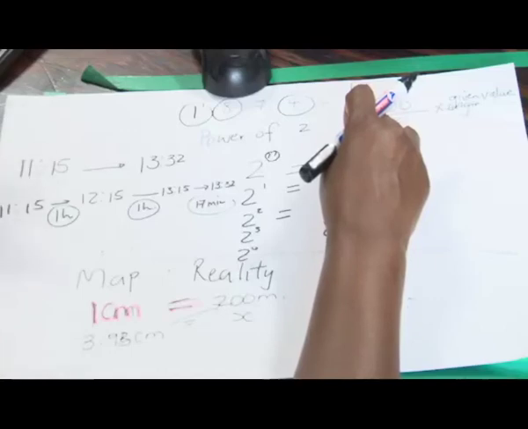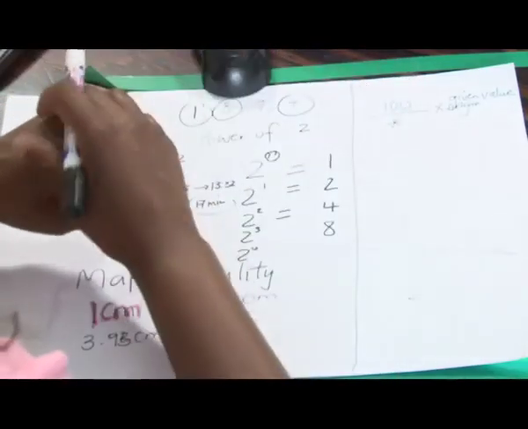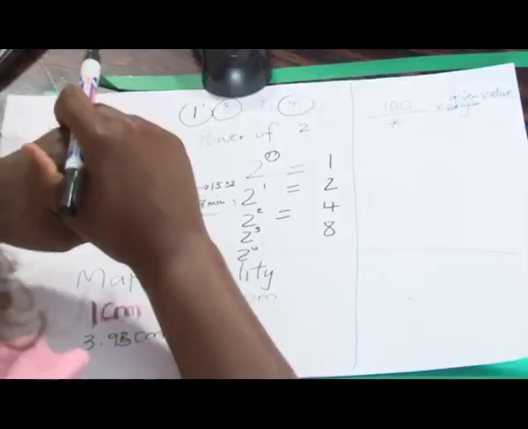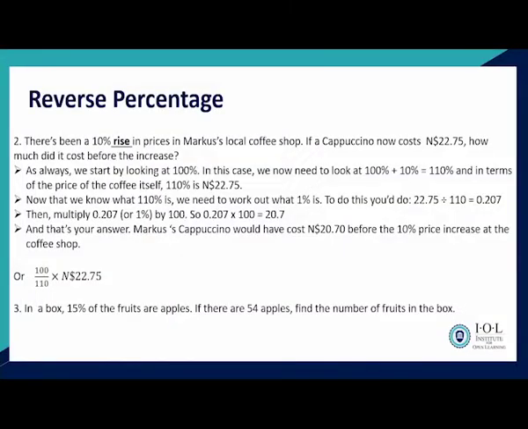Okay, there's a question here. Let's look at that question. There has been a 10% rise in prices in Markel's local coffee shop, and the cappuccino now costs $22.75. How much did it cost before the increase? It's a rise, so you add 100 plus 10%, which gives us 110.